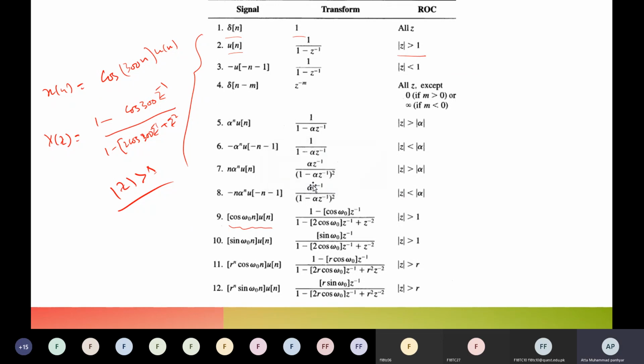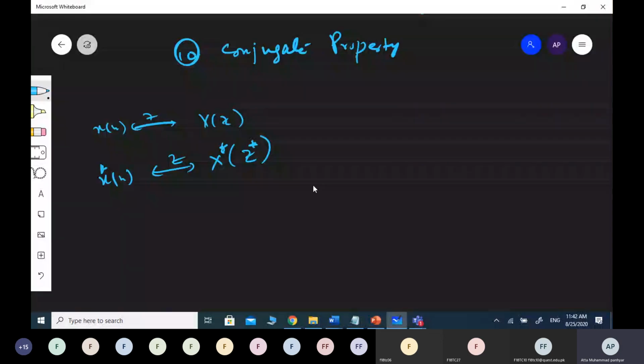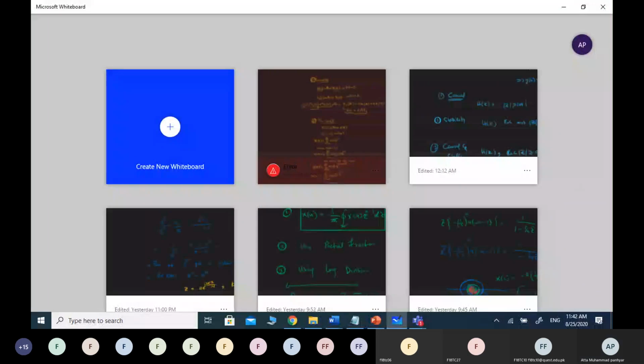This is enough for now. Our next topic for discussion is rational functions in our z transform.